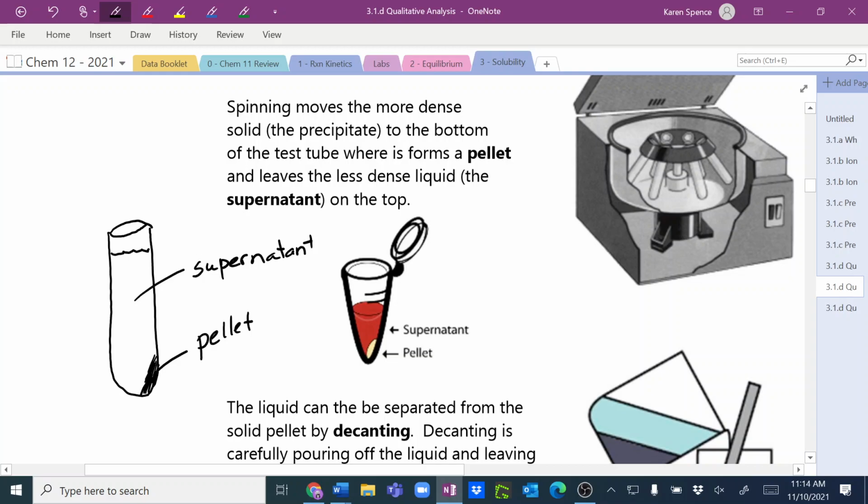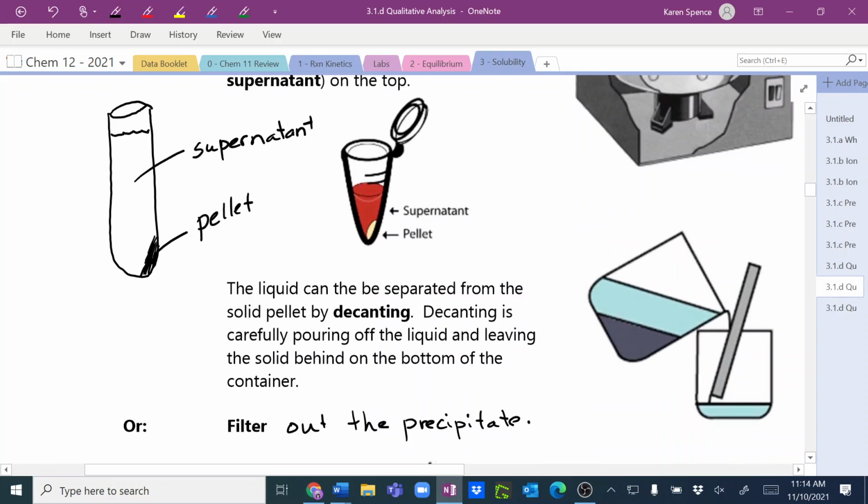Because we've separated them, but they're still in the same container, we need to get rid of the liquid somehow. And really, you could use a pipette and suck the liquid off, but most of the time we just do it by using this word, decanting. Has anyone ever heard the word decanting before? Yes?